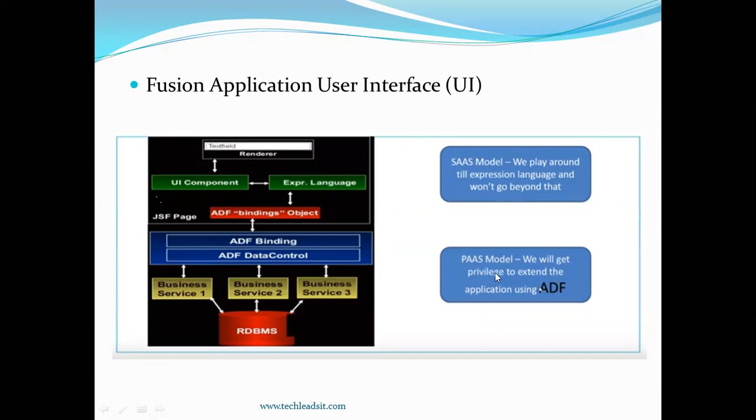In the PaaS model, you can get all the privileges with the help of an ADF application. You develop an ADF application, and you can deploy the ADF application to the Fusion application with the help of the JCS database service.